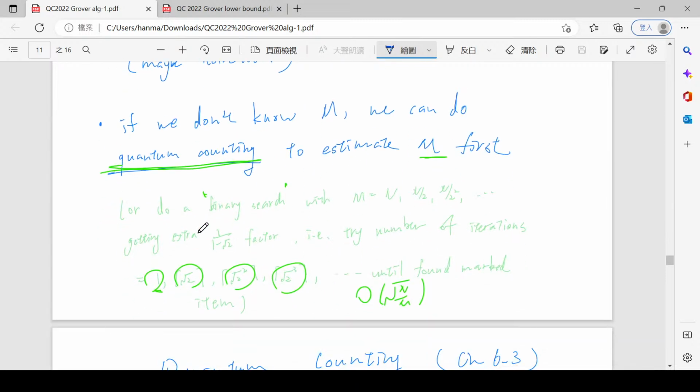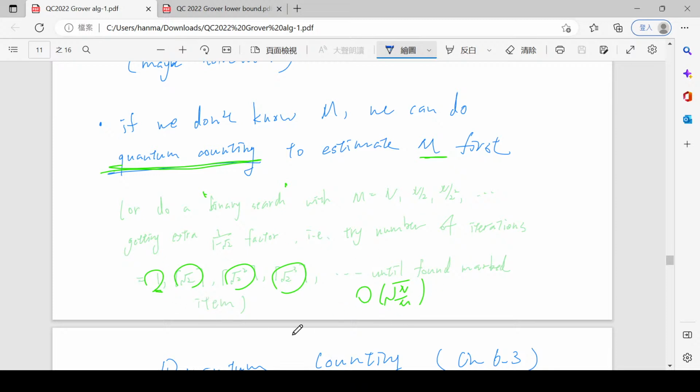Basically, you just increase the number of iterations you run in your Grover algorithm with some exponentiating series, like 1, square root 2, square root 2 squared, etc. And then you will find your marked item in square root of n over m steps with high probability.